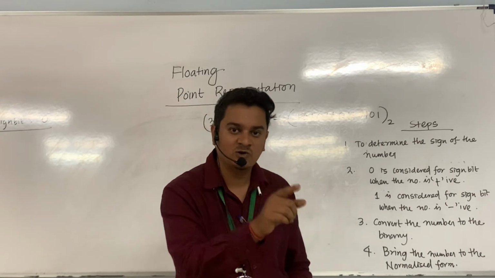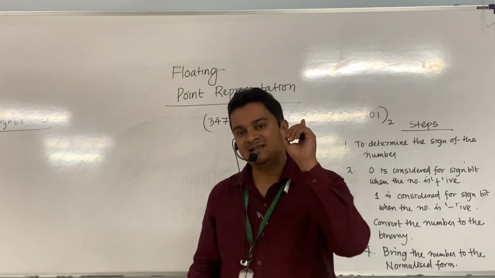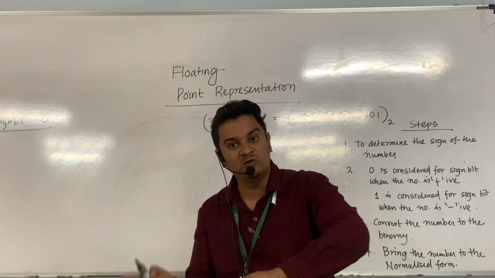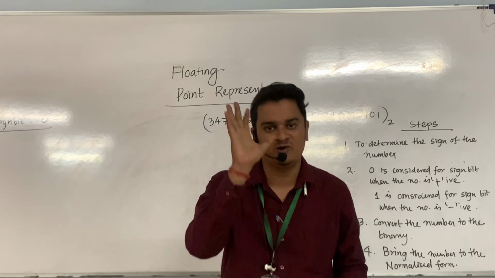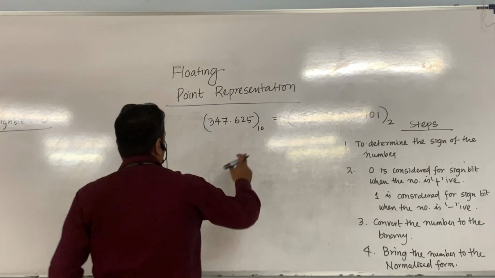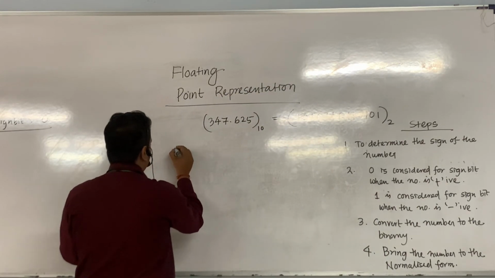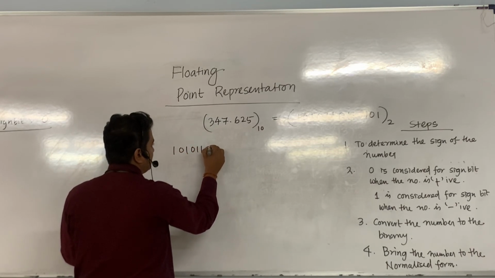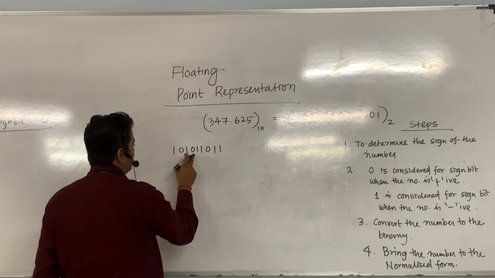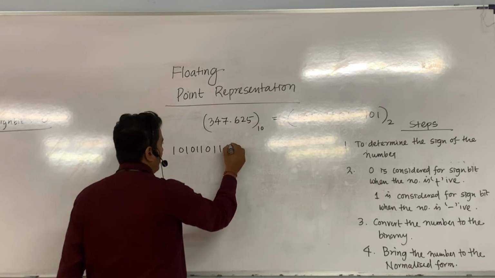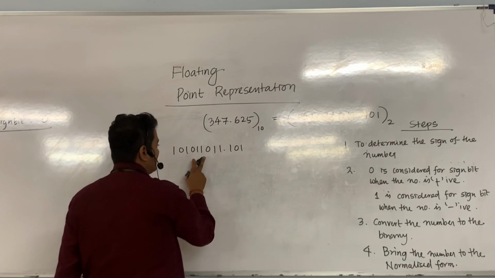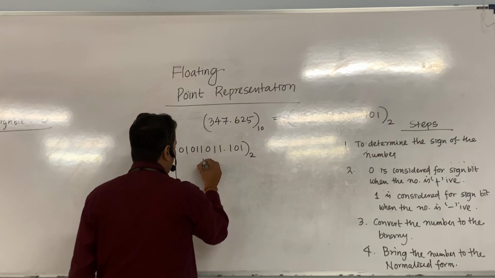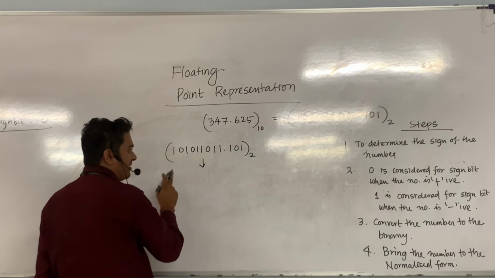I have already told earlier that at least one non-zero value should be before the decimal point. Okay. So this is the binary number, I am writing 10 10 110 11 101 011 011 0.101. And that I have to bring to the normalized form.